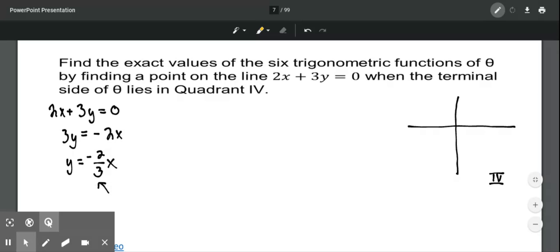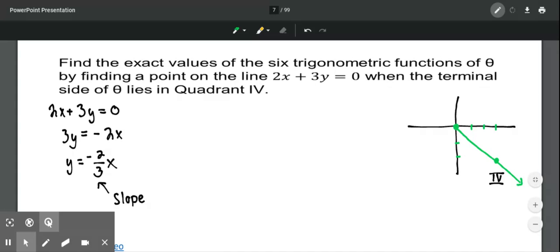Well, negative 2/3 is our slope. They told us that our line is going through the origin. So if I go through the origin and then I rise negative 2 and I run positive 3, right? That puts me in that fourth quadrant. So what we can do is just draw this line in the fourth quadrant. So this is the line that we're talking about, that 2x plus 3y equals 0.